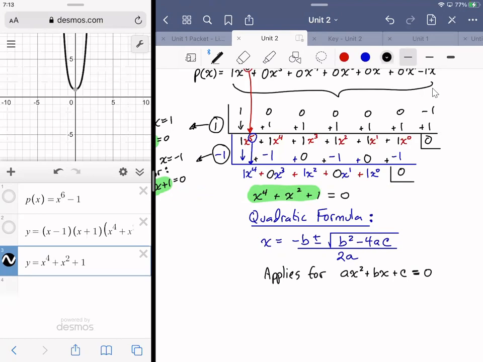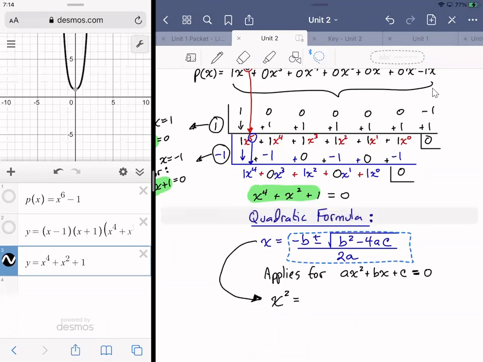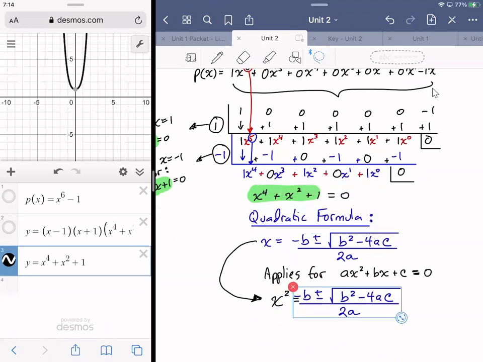So we could actually use it still. All right. So the only issue is we're going to get an x squared out of it rather than just an x. So the modification here would be that x squared is equal to this entire expression squared.